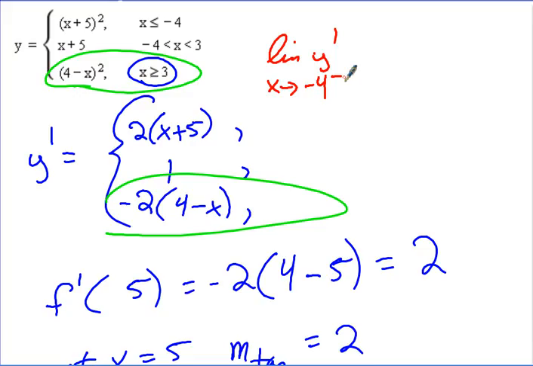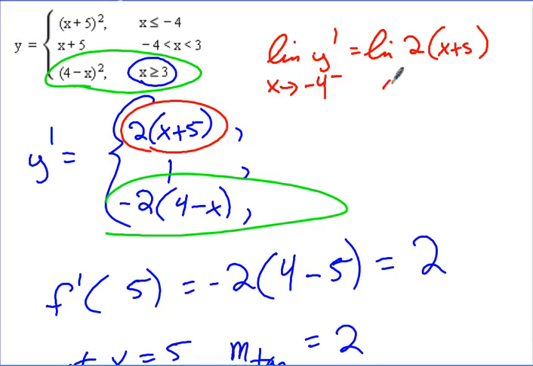Well, for values less than -4, we're on this part right here, right? So I'm taking the limit of 2 times the quantity x plus 5 as x approaches -4 from the left. And if I plug -4 in, don't I just get 2 for my answer? Right?